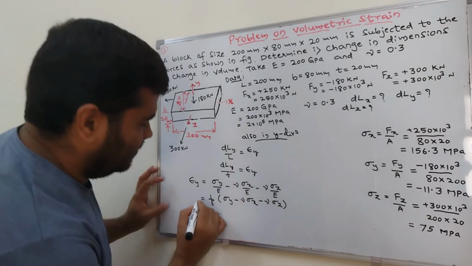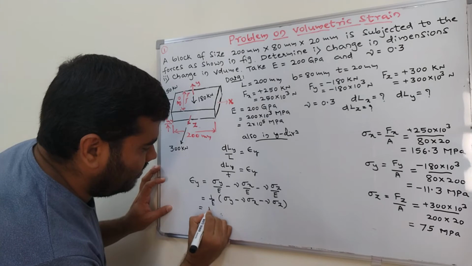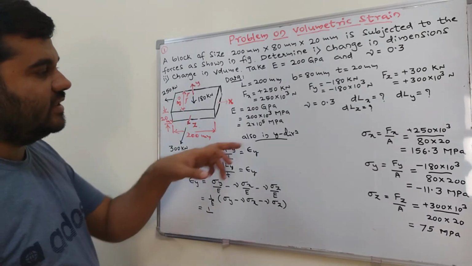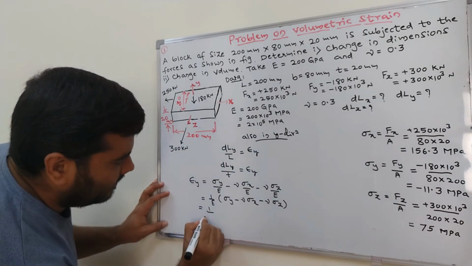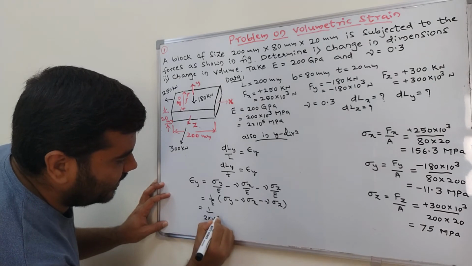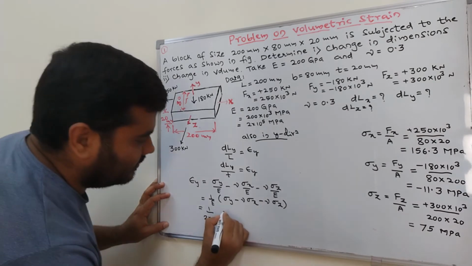Now substitute. 1 by E is how much? Young's modulus 2 into 10 raised to 5 Newton per mm square.